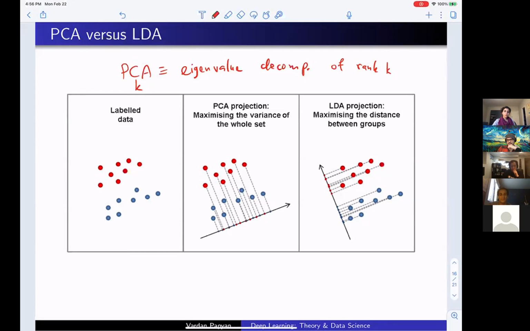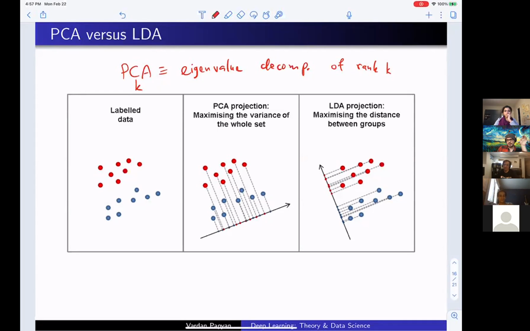Okay. And so in this specific case, let's just imagine that you're doing PCA with a rank 1, right? Oh, there was another question. Why would you want to maximize the variance of the whole set? The intuition goes as follows. Imagine I give you a bunch of data, and you want to compress the data.